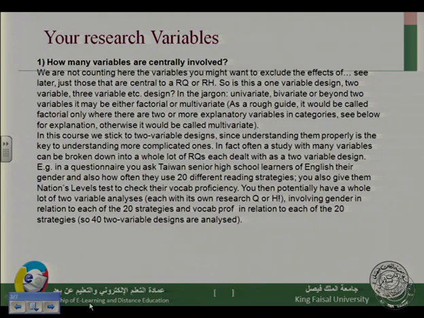You will say something like, males will use skimming better than females. This is for strategy number one. For strategy number two, you would say, for example, females will use guessing from context better than males. And you will go on. You will end up with 40 questions or 40 hypotheses. That means 40 analyses.